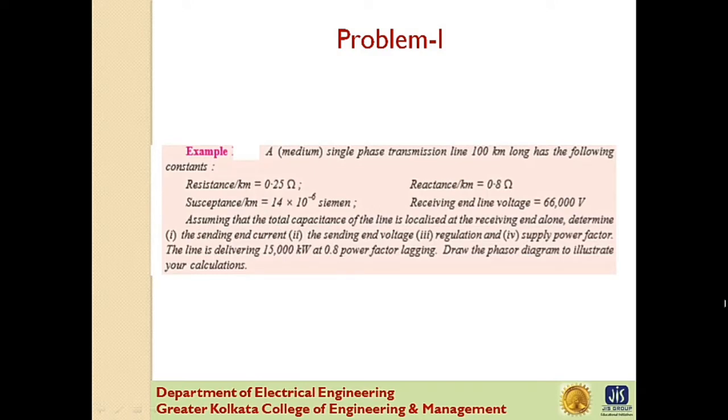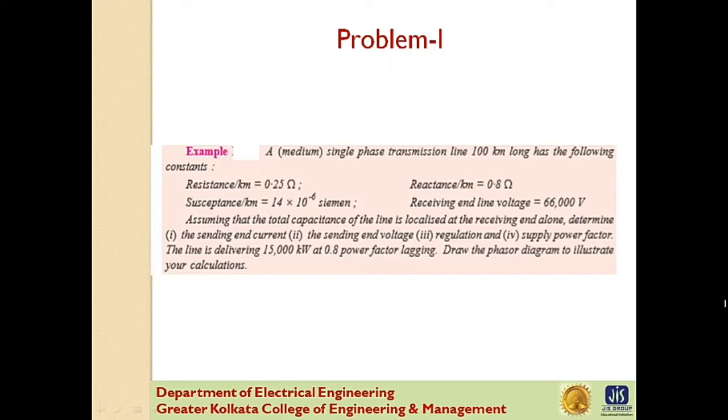Here is a problem. A medium single phase transmission line 100 km long has the following constants: resistance 0.25 ohm, reactance 0.8 ohm, susceptance per kilometer 14 into 10 to the power minus 6 Siemens, receiving end voltage 66,000 volt.